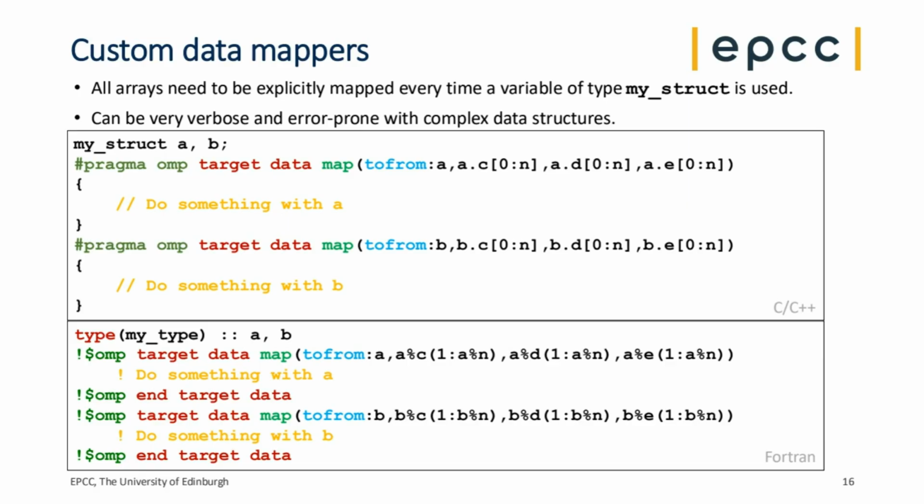And you'd have to do that every time you're going into a target region, and for every instance of your my_struct type. And you see it's very similar for Fortran as well. It just uses a different symbol to indicate the start of a field name, a percent sign, rather than a period.